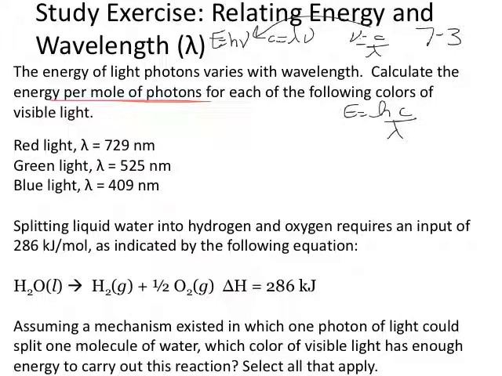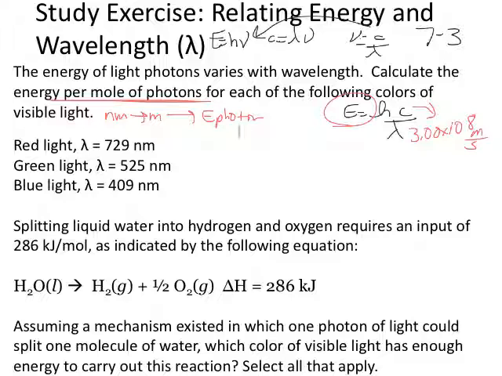So let's start with red light. When you do this, you have to look at your constants, and c is 3.00 times 10 to the 8th meters per second. So you need to convert nanometers to meters, and then we're going to convert this to the energy of the photon using this equation here.